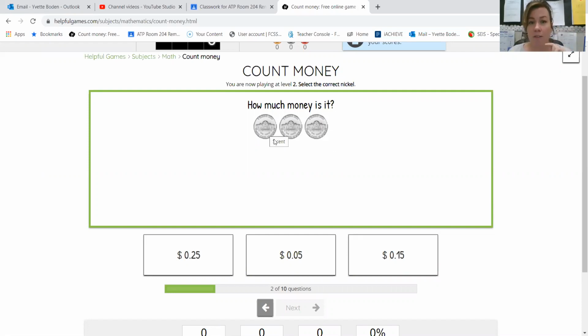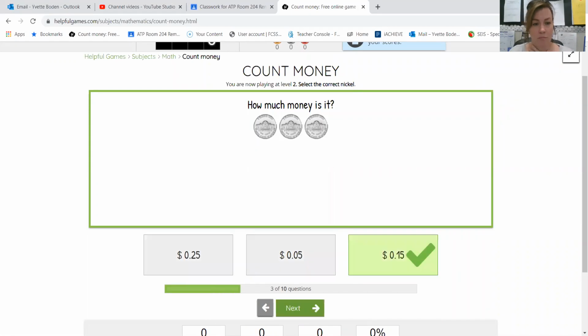Do I have that answer down here? I sure do. Let's do the math on the calculator just to double check, right? 0.05 plus 0.05 plus 0.05. That's my third one. Hit equals, and it gives me 15 cents also. Good job.